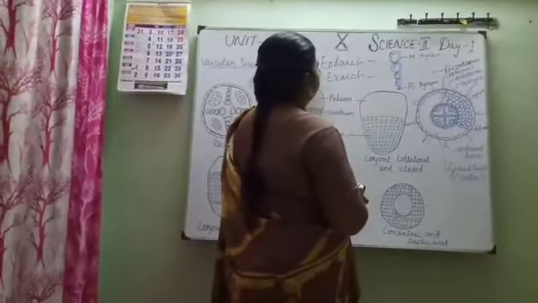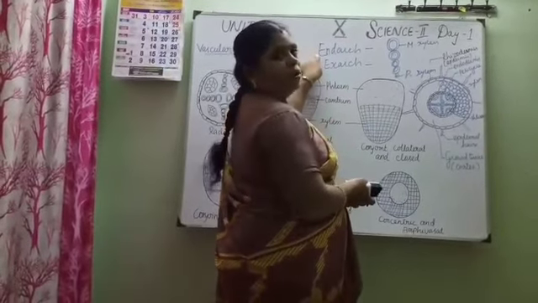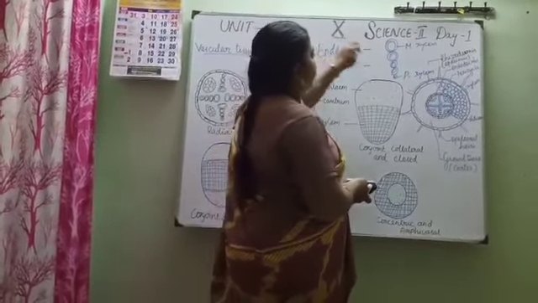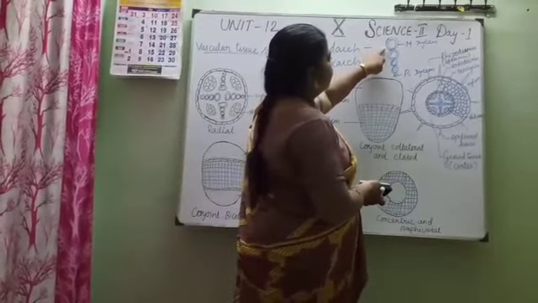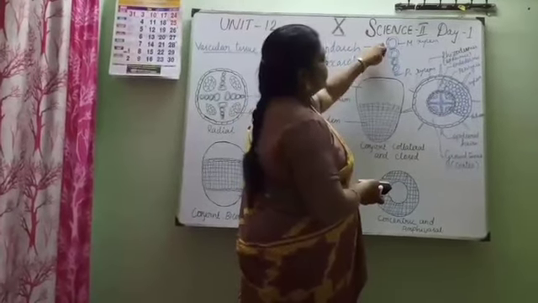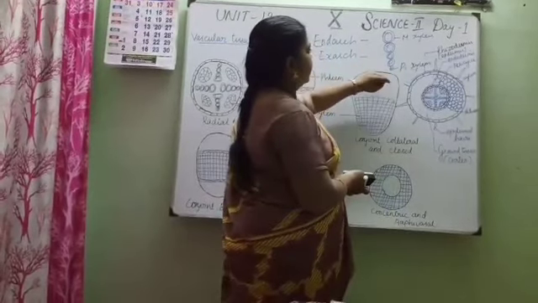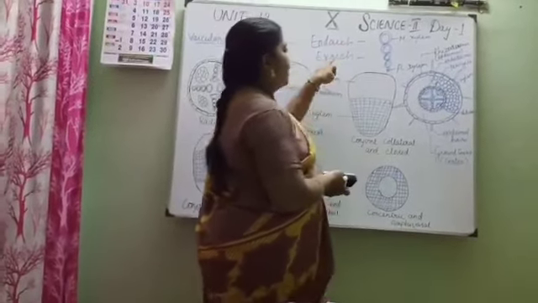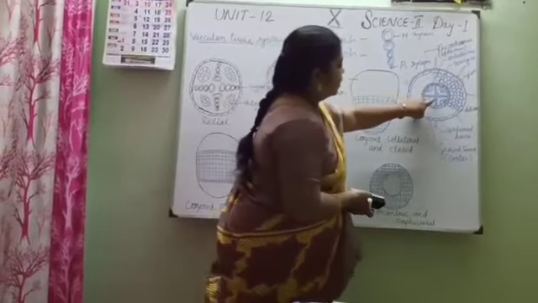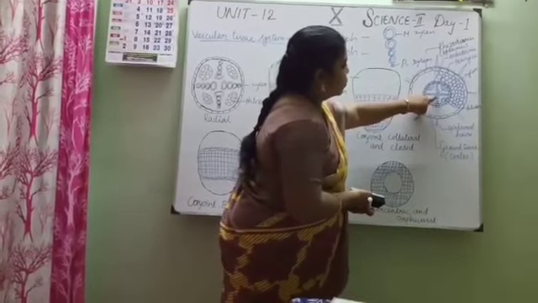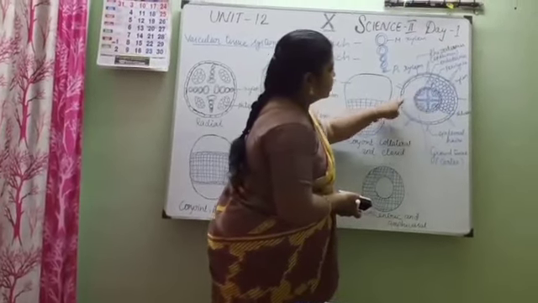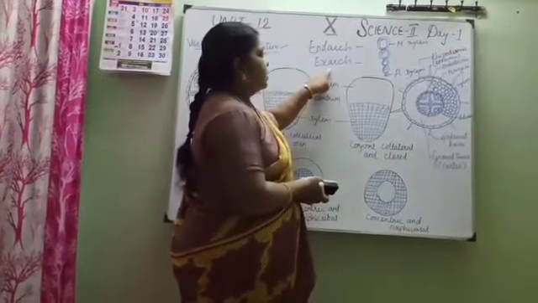Endarch xylem is present in both stems, dicot stem and monocot stem. In stem, metaxylem lies towards the periphery and protoxylem lies towards the center, called endarch xylem. Exarch xylem: metaxylem lies towards the center, protoxylem lies towards the periphery.